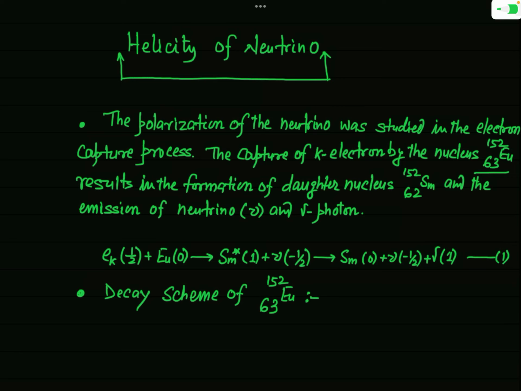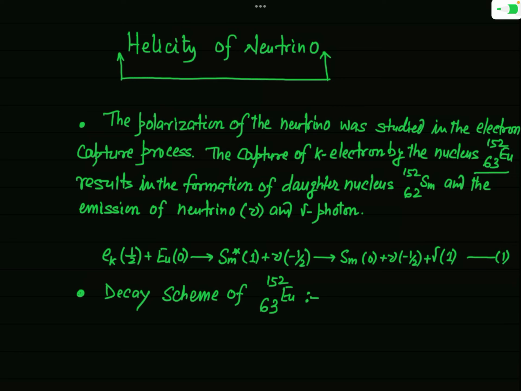When the negative electron from the K shell is captured in the isomeric 0 minus state of Eu 152, it leads to the formation of Sm 152 in an excited state of 961 kiloelectron volt, which goes to the ground state 0 plus.